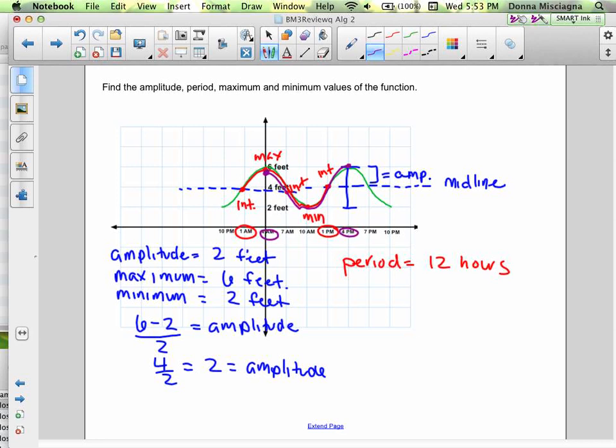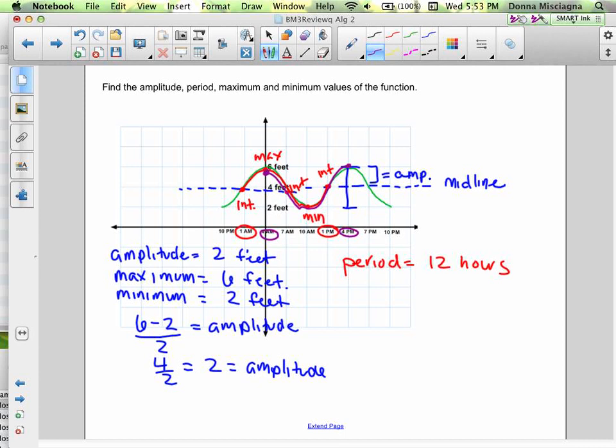So you can represent this as a sine graph or a cosine graph. The sine graph would have a phase shift, and the cosine graph would not. But they're actually the same graph, just shifts of one another. And either way, notice that the period is 12 hours.